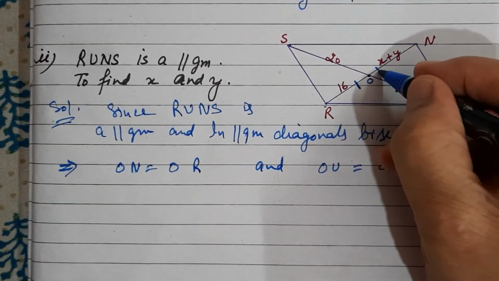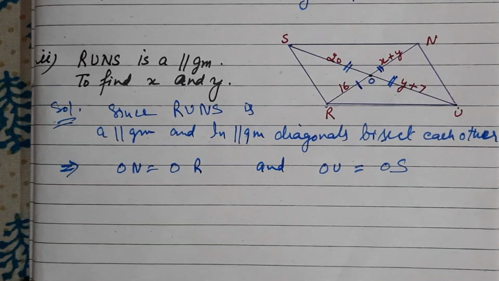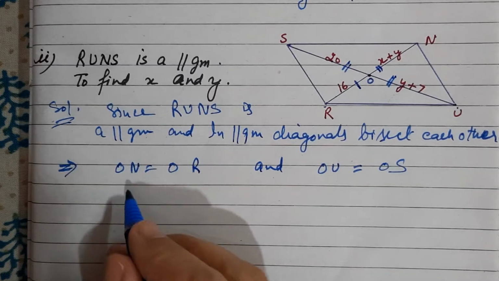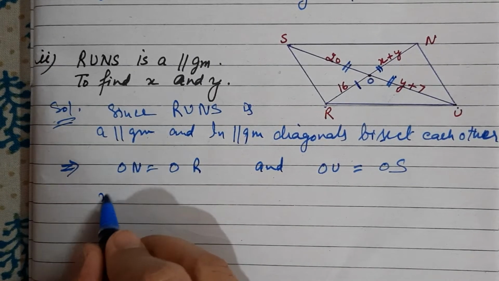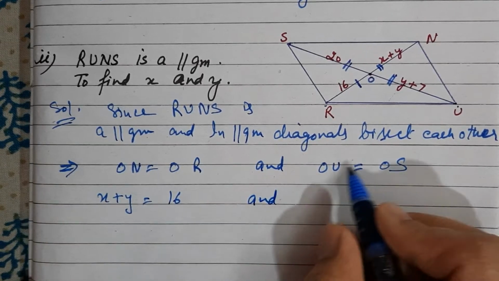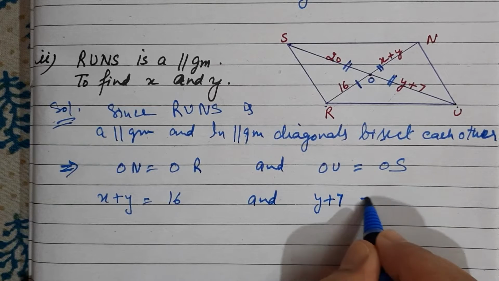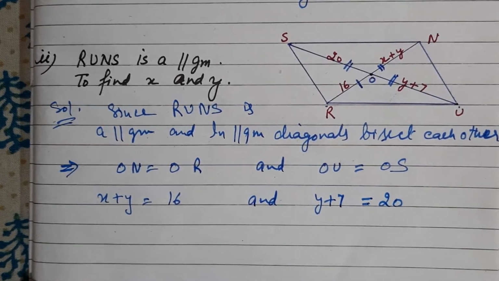This part is equal to this part and this part is equal to this part. So diagonals bisect each other. Length of ON is given, x plus y is equal to 16, and length of OU, this half part, is y plus 7 is equal to 20.